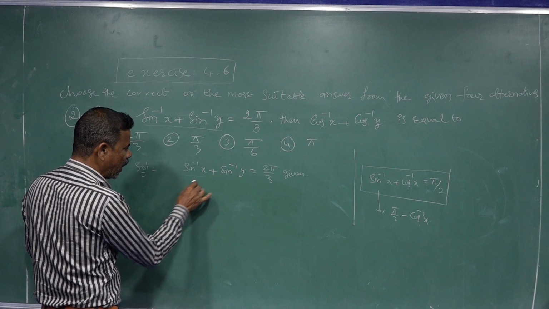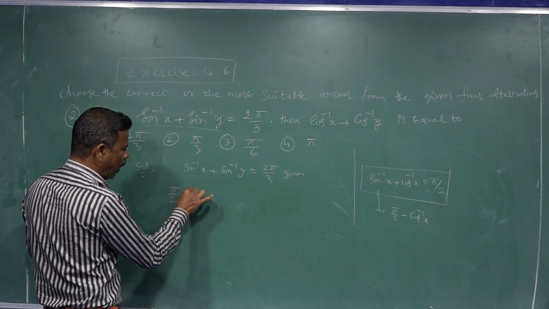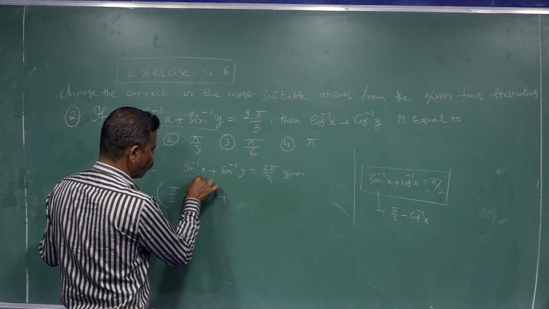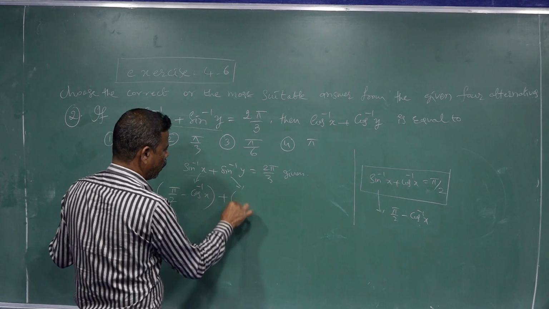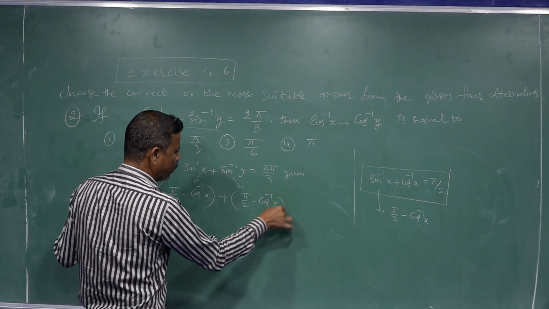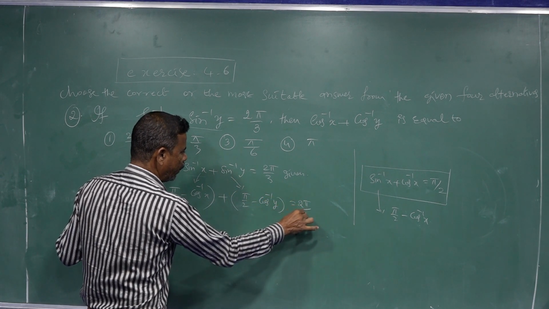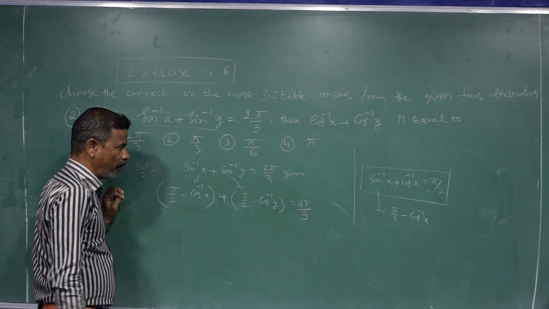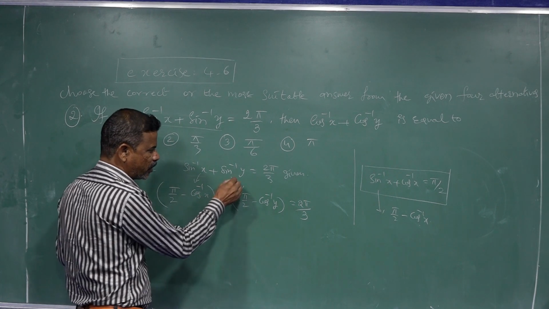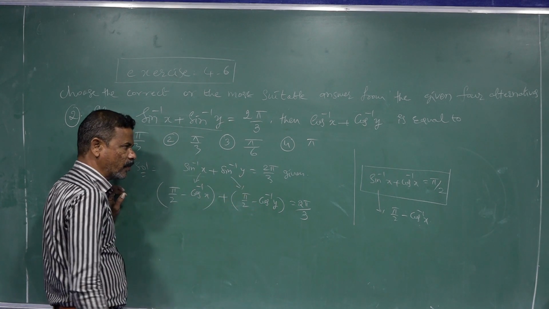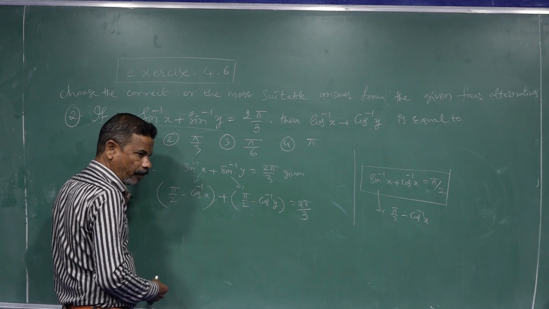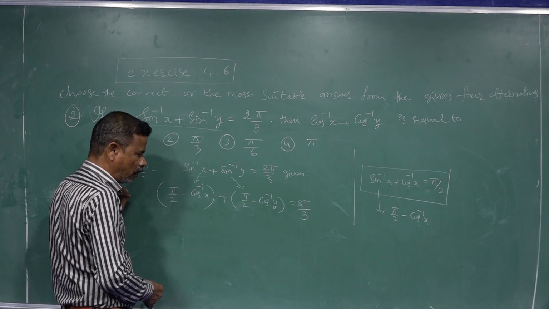Sin inverse x is written as 5 by 2 minus cos inverse x, plus, from this, sin inverse y, 5 by 2 minus cos inverse y is equal to 2 5 by 3. Okay, this 5 by 2 minus cos inverse x, this also 5 by 2 minus cos inverse y is equal to 2 5 by 3 given. Now this 5 by 2 plus 5 by 2, how much? 1 by 2 plus 1 by 2, 1, that is 5.